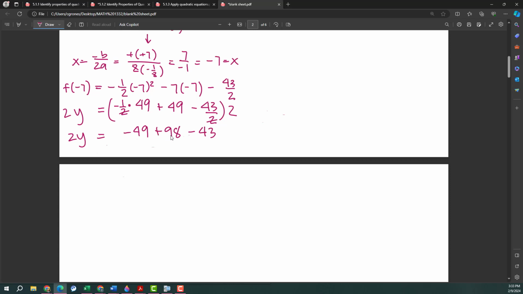So 98 minus 49 is a positive 49, minus 43 is a positive 6. So 6 equals 2y. So if we divide both sides by 2, I get y equals 6 divided by 2, which is 3. So our vertex is negative 7, 3.